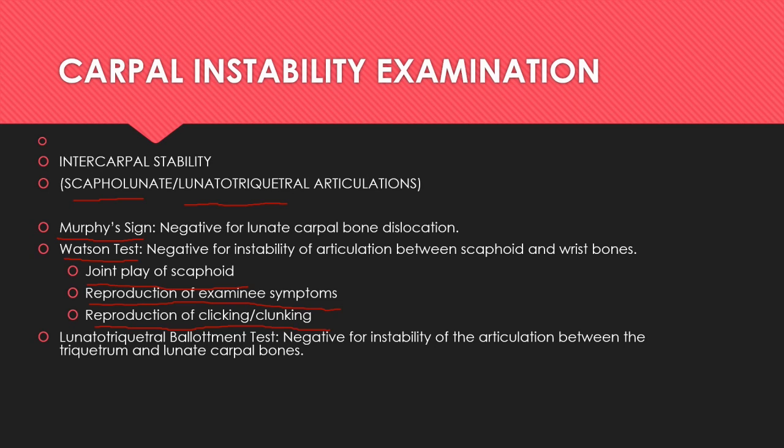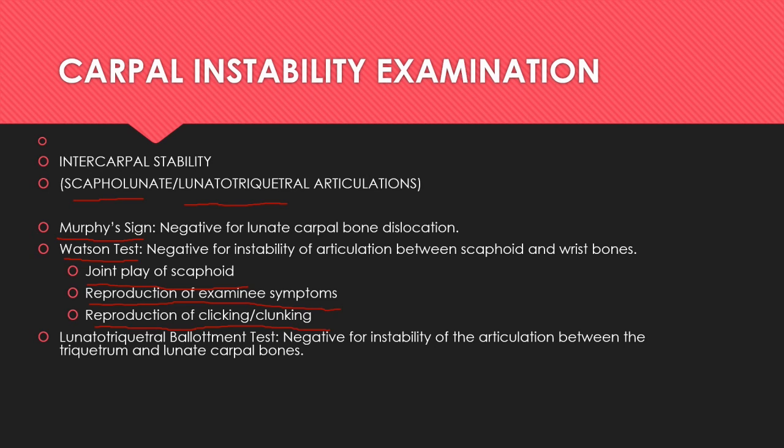And then also, the lunotriquetral ballottement test is also a shucking maneuver, this time assessing the opposite side of the lunate bone and its articulation with the triquetrum bone. Again, looking for excess joint motion and reproduction of the examinee's symptoms. So you need to have an excellent carpal instability examination, both for the assessment of the dissociative and non-dissociative forms of carpal instability.